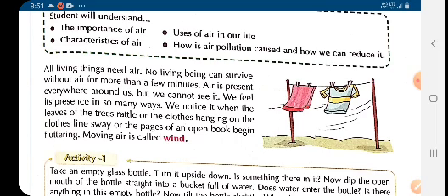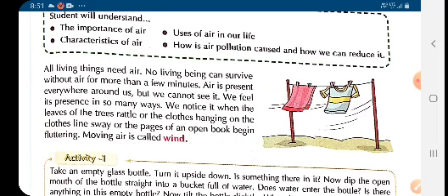Children, everywhere there is air. That is why we can say all the empty space has air. Empty space means something which seems to be empty, anything which is kept without something in it. Why is it empty?